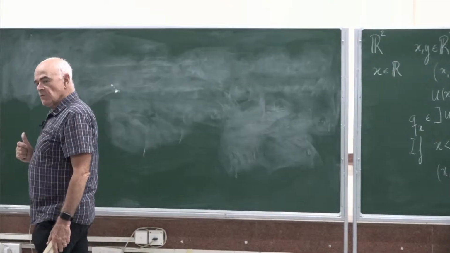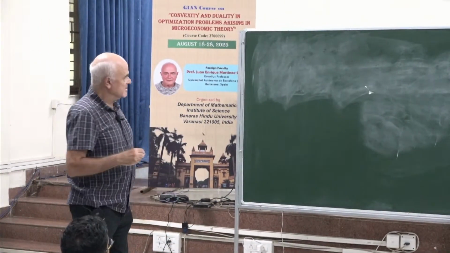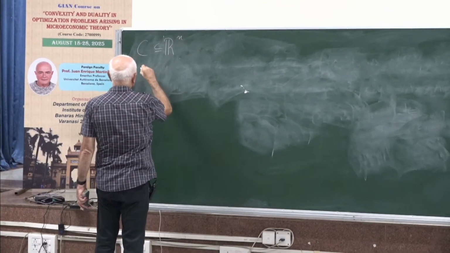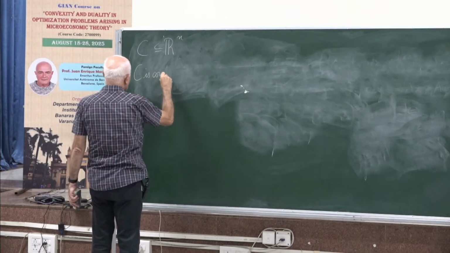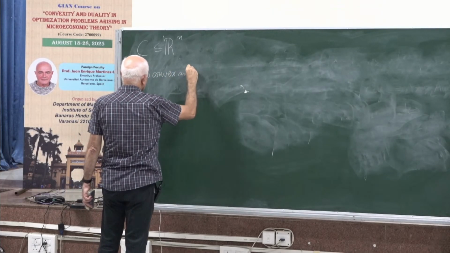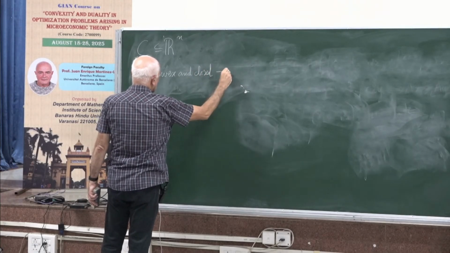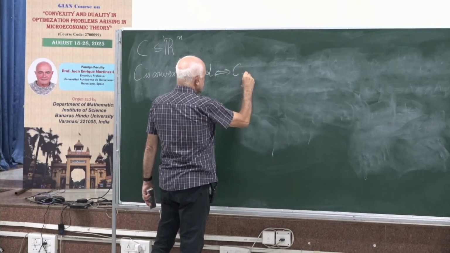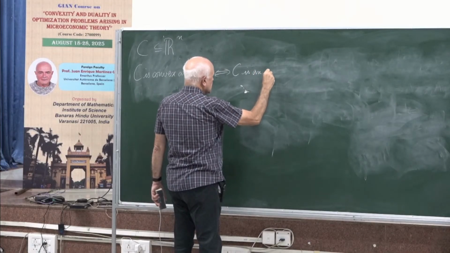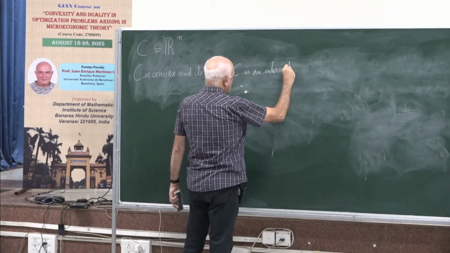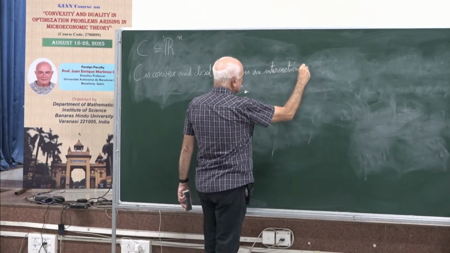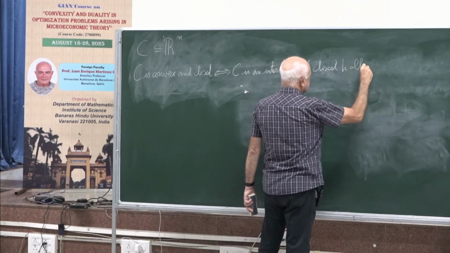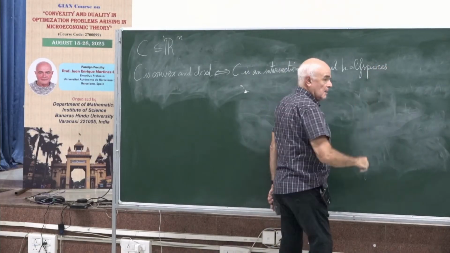An immediate consequence of the separation theorem is that a set C in Rn is convex and closed if and only if C is an intersection of closed half spaces.